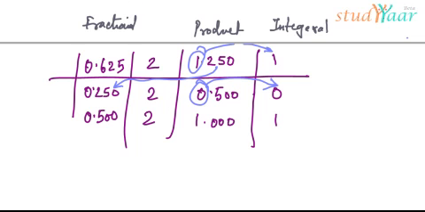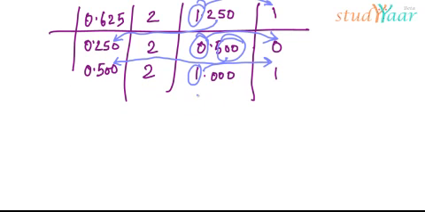So this 0.5 goes to here, and this 1 is over here. Now that we have 000 as the fraction, we stop.